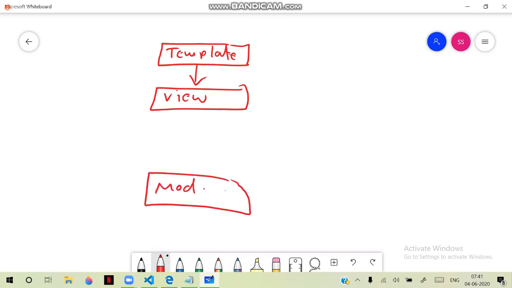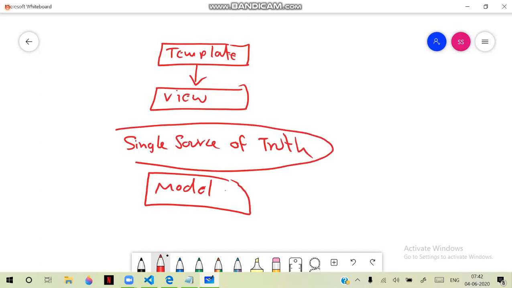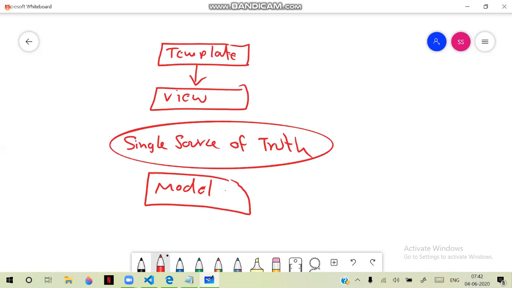In the two-way binding technique, in software architecture terms, we call the model the single source of truth. It is a general architecture terminology.